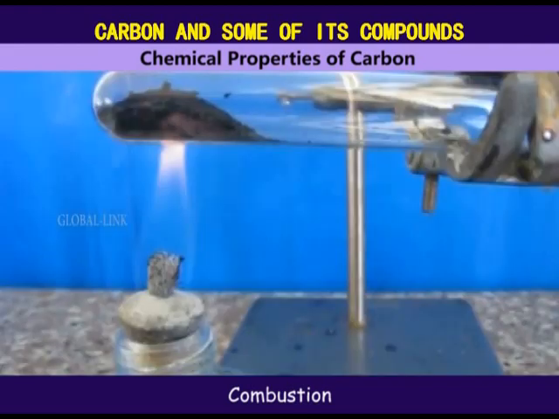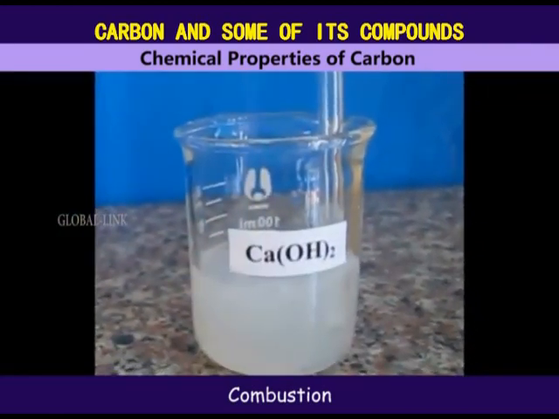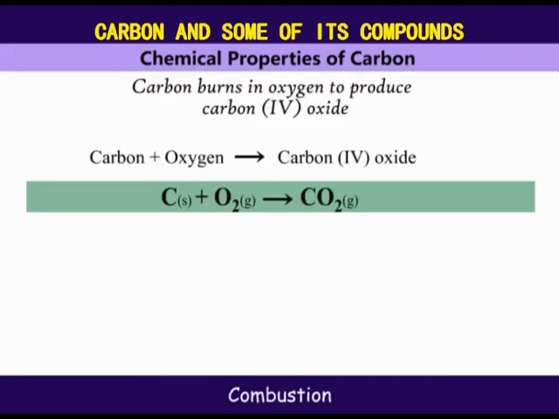The red glow shows that the reaction produces heat. The white precipitate shows that the gas produced is carbon 4 oxide. All forms of carbon burn in oxygen to produce carbon 4 oxide. However, the temperature at which they burn varies from one allotrope to another.